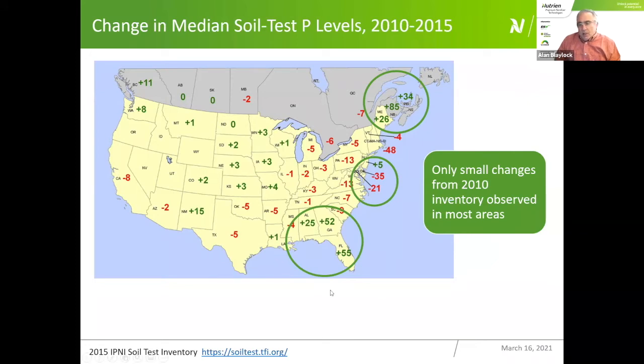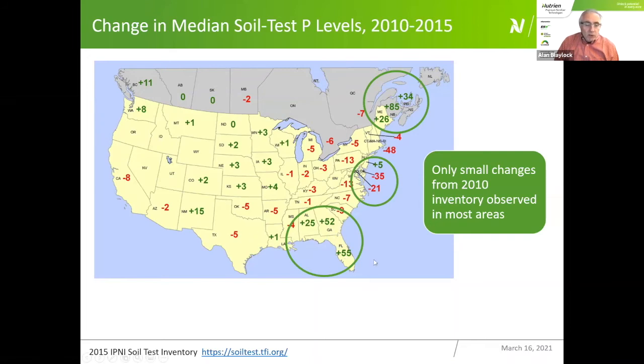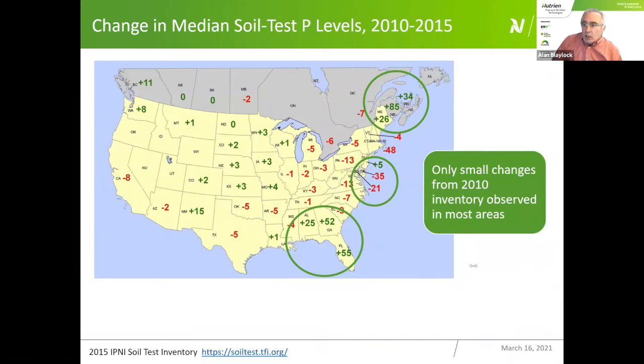And so okay, that's not surprising, but we see a big jump, an increase in the median soil test value by 55 parts per million. And that would be of concern where there are such large concerns about phosphorus runoff from the various municipalities. They're close to the ocean, and eutrophication of those waters.